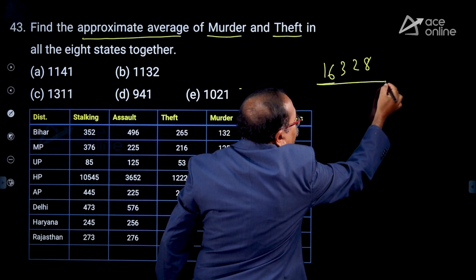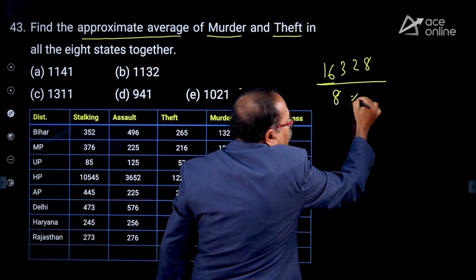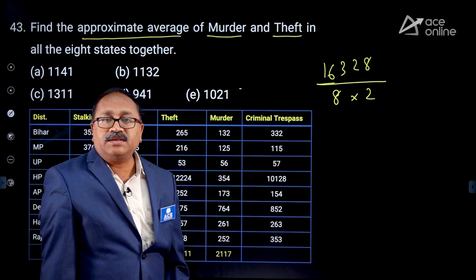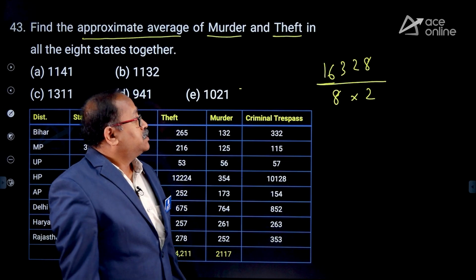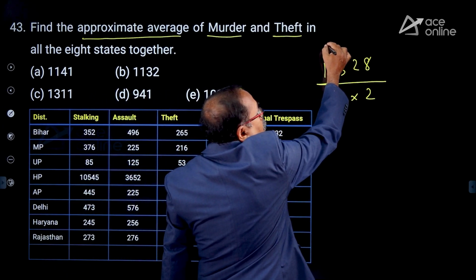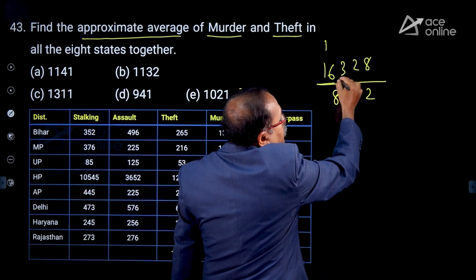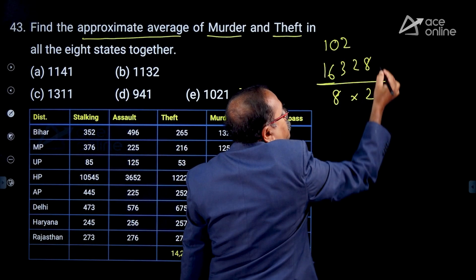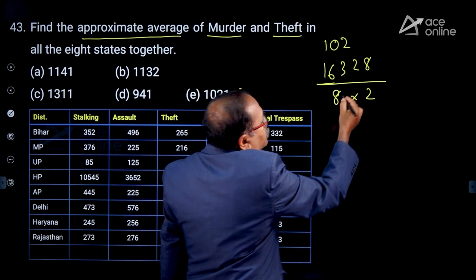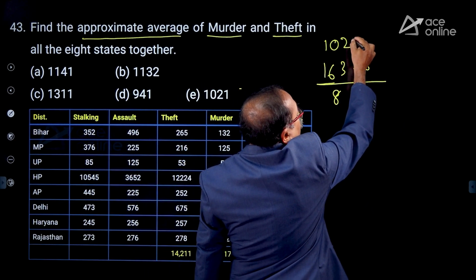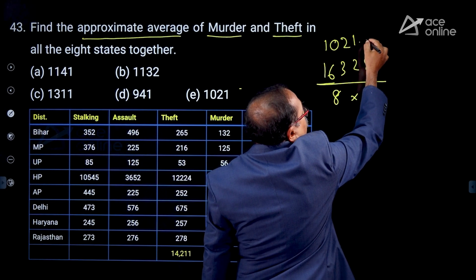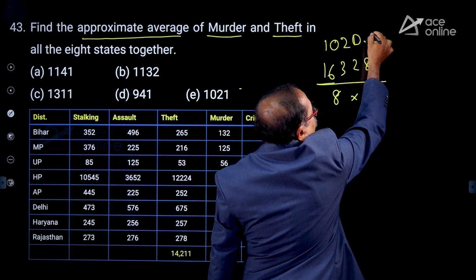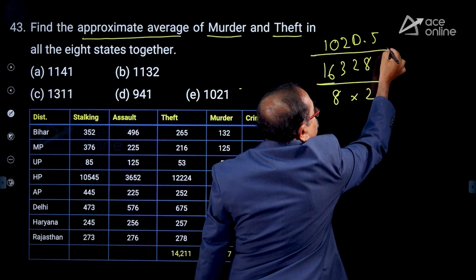This has to be divided by 8 states and 2 categories, which means it should be divided by 16. Let's check that. 16, 1, 16, and 16, 2, 32. So that's 0 and 2, 32, and then comes 0.5. This should be my answer.